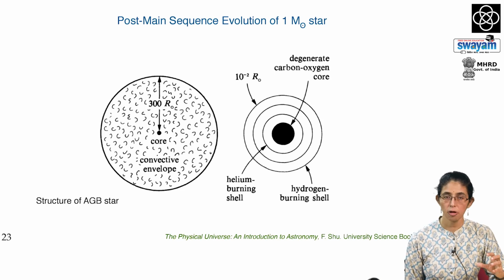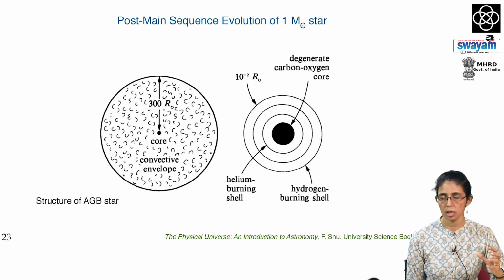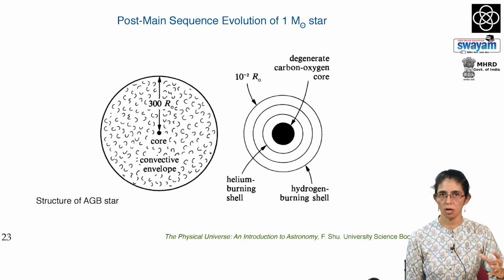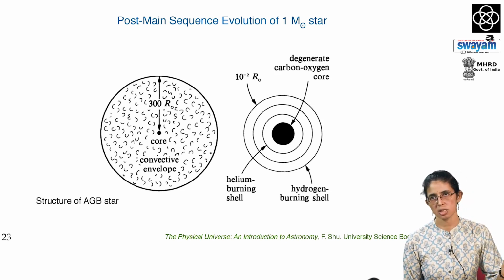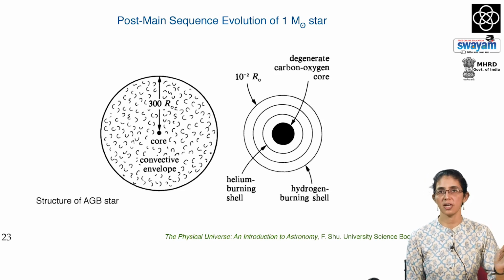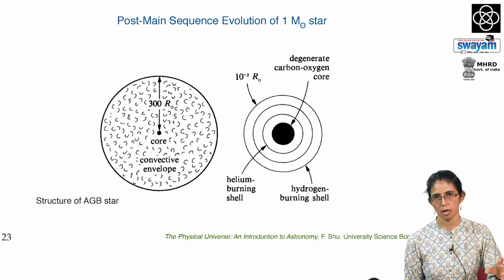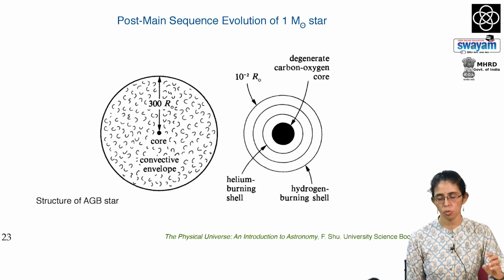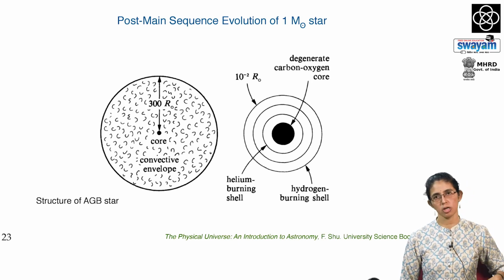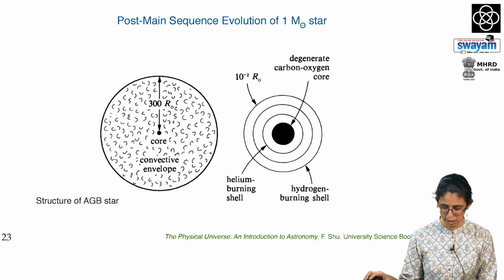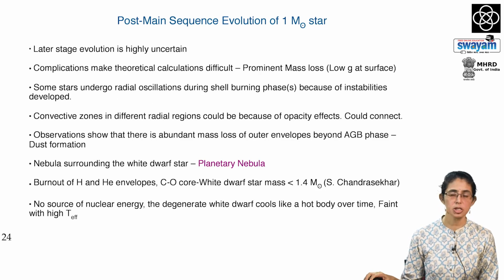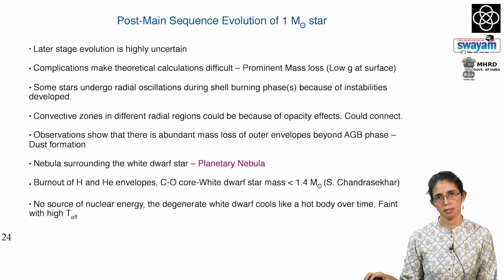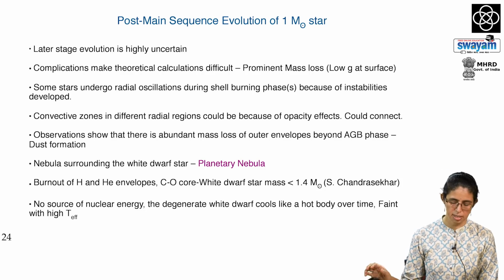Therefore, a white dwarf, although it has no energy production going on in the core, is very hot and appears very bright, and as a result it produces a lot of UV radiation which can ionize the planetary nebula around it. Over time, the white dwarf cools just like a hot body in a cooler environment. It becomes faint with time, and also is much less luminous.